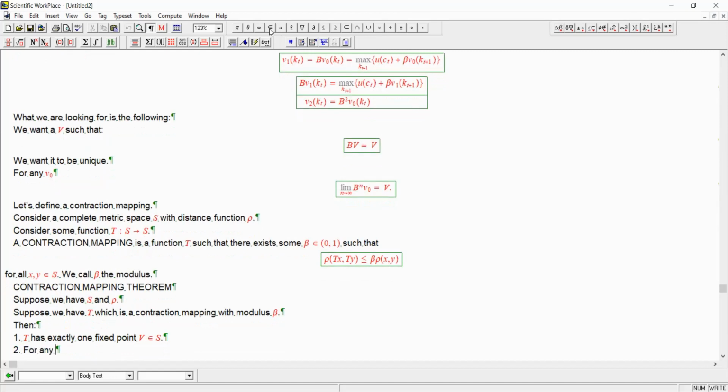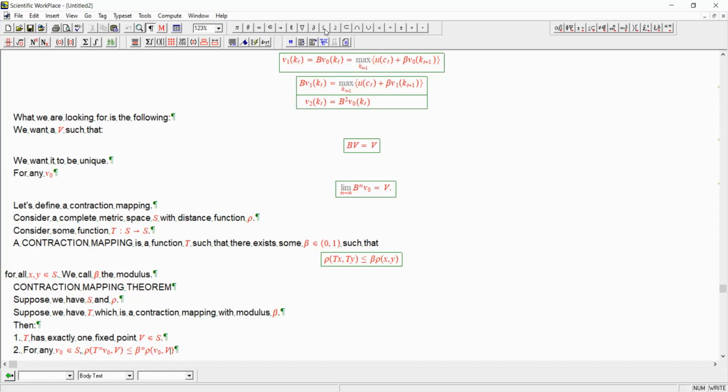And second, for any v0 in S, the distance between the contraction mapping applied n times to v0 and this fixed point is less than or equal to beta to the power of n times the distance between v0, where we started, and the fixed point.